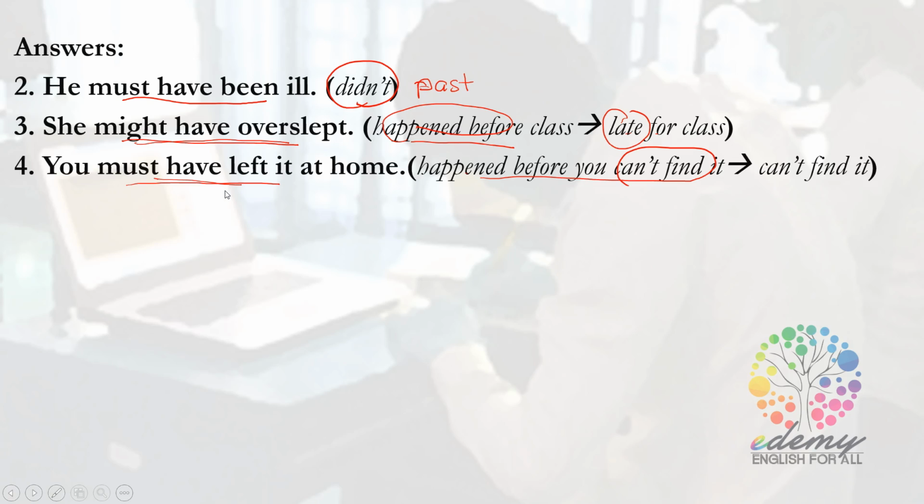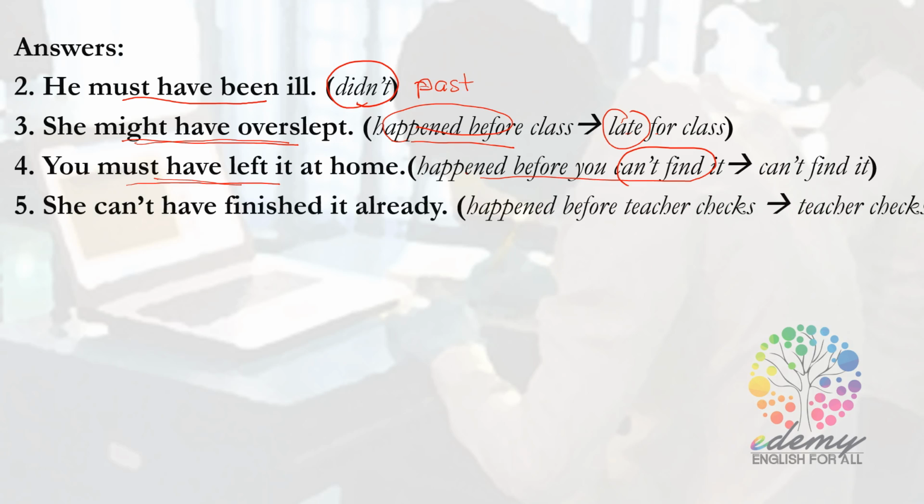So move on to question 5. The teacher is checking Maria's exercise. And we have the words can't and finish already. So the answer is she can't have finished it already. Why do we use past tense again? Because now the teacher is checking her homework. So what we want to know here is what happened before the teacher checks her homework, right?